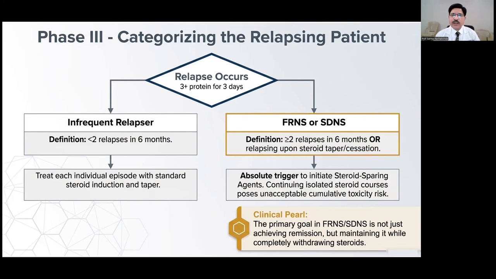Or if it is a frequent relapser, more than 2 relapses in 6 months, or relapsing on steroid tapering, and that is steroid sensitive very much, that is the absolute trigger to initiate steroid sparing agents. What are steroid sparing agents will be the question. Continuing isolated steroid courses poses unacceptable cumulative toxicity risk.